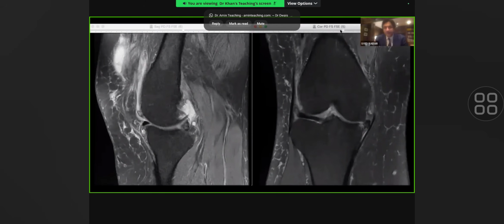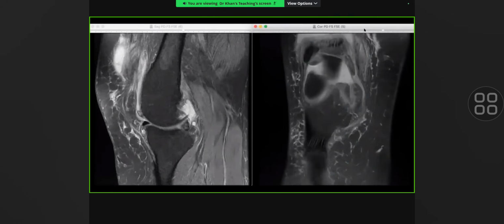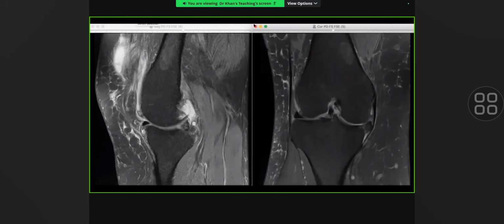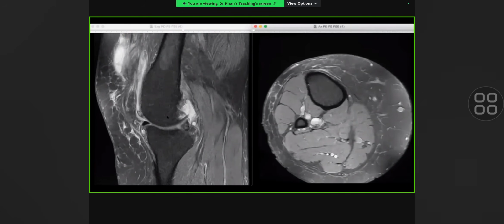Okay, good. I would like to look at the axial view just to confirm if there is quadriceps tendon or muscle tear.